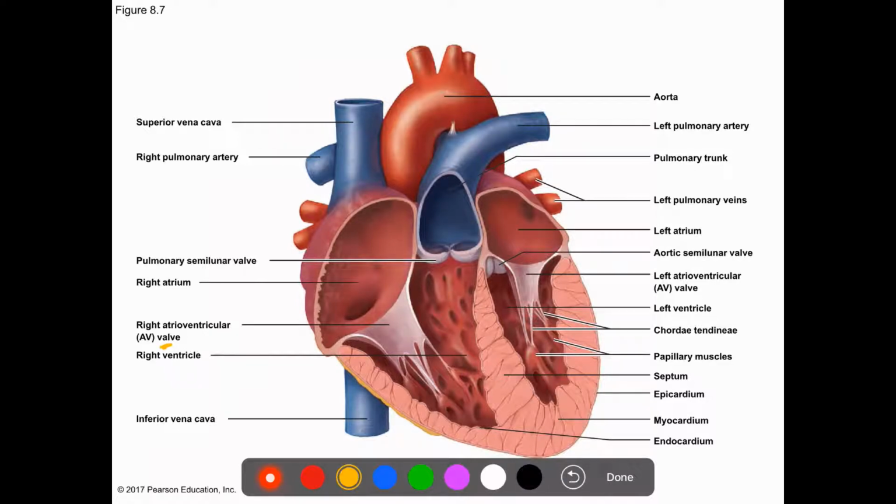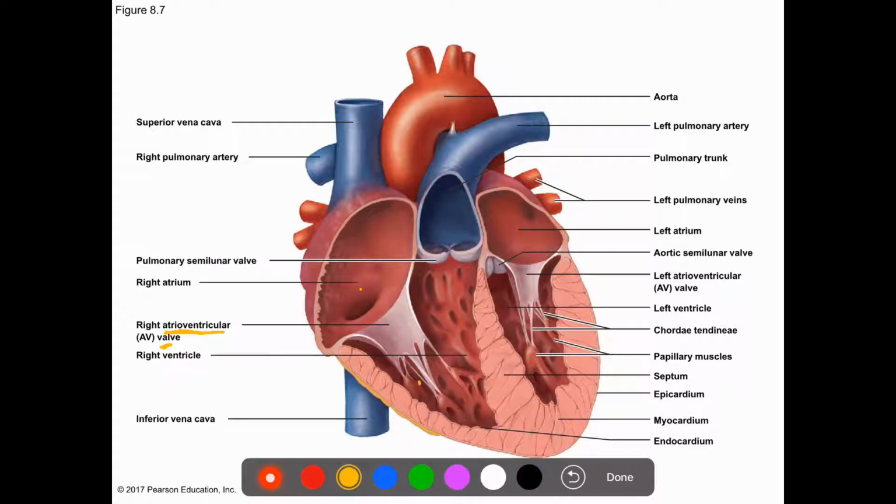Now, the blood flow between these chambers is controlled through valves. And we have 2 sets of valves. Each set has 2 sub-valves. Now, the first 2 valves are called atrioventricular valves, because these are separating the atrium from the ventricle.